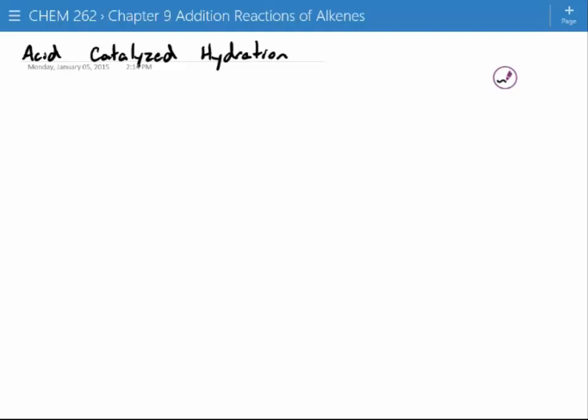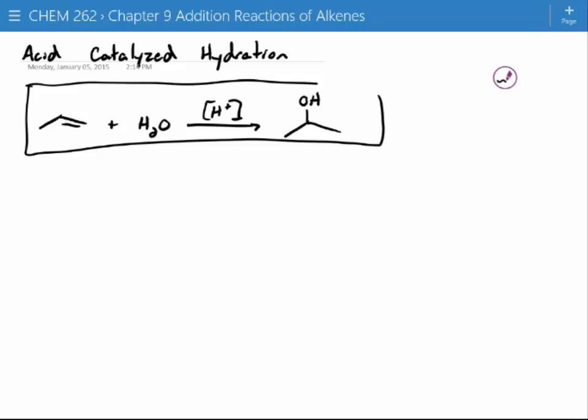With acid-catalyzed hydration, the overall reaction is you've got an alkene, some water, some sort of catalytic amount of acid, and you'll get an alcohol installed in a more substituted position. But let's break down the mechanism for this reaction piece by piece.